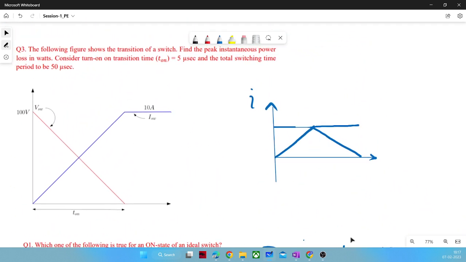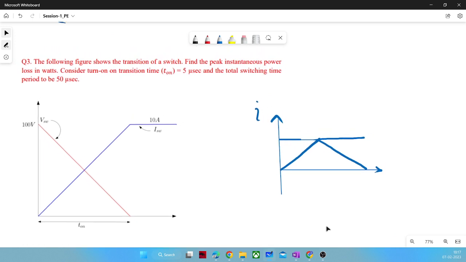So now we are moving ahead with the problem. In this problem, we had to find the peak instantaneous power for this given condition. We will solve it first for any general condition, and then find out what happens when we find the peak instantaneous power.